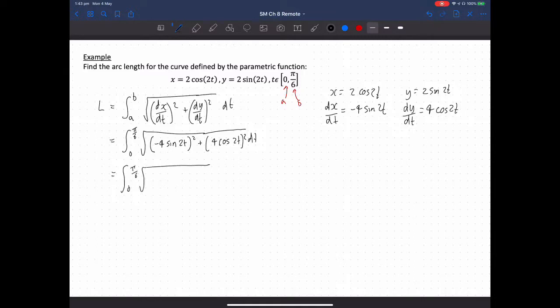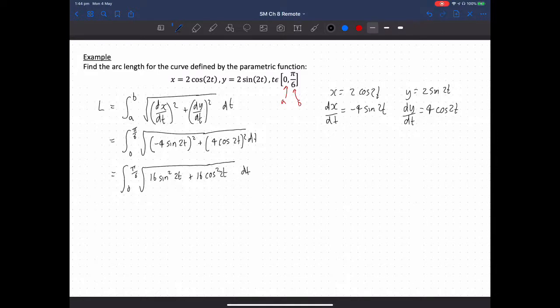Okay, squaring minus 4 sin 2t, I get 16 sin² 2t. Squaring 4 cos 2t, I get 16 cos² 2t.